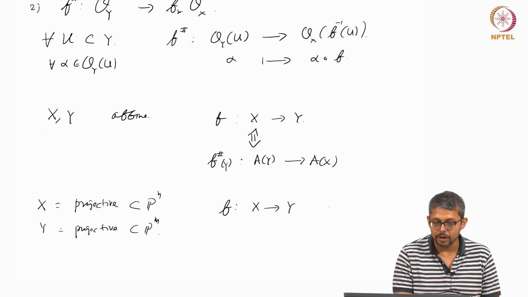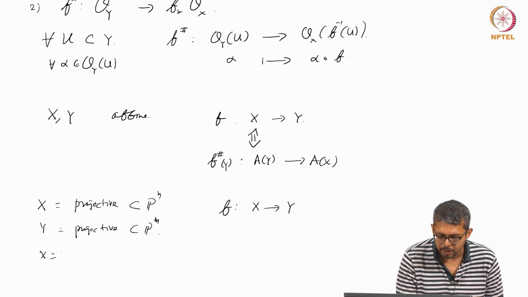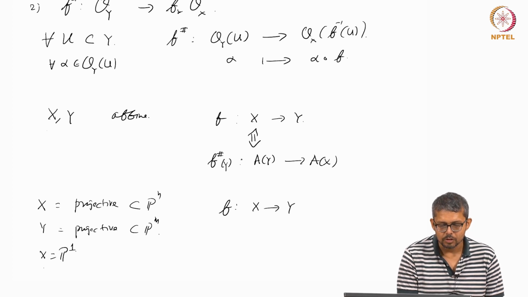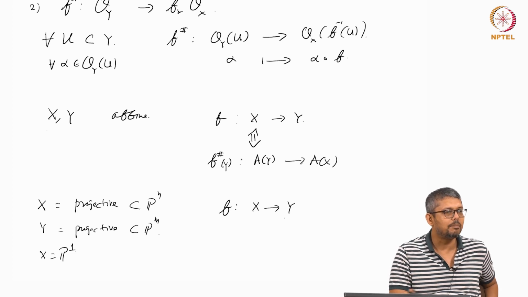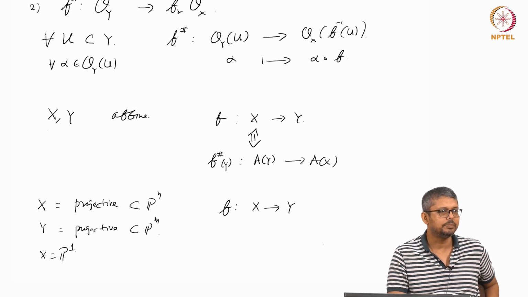Even when X equals P^1, which is called a rational curve, given a variety Y, whether there is a map from P^1 to Y means whether there is a rational curve or not.